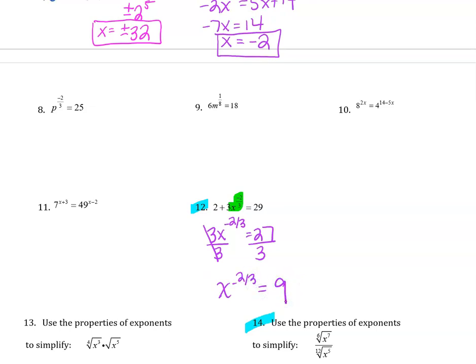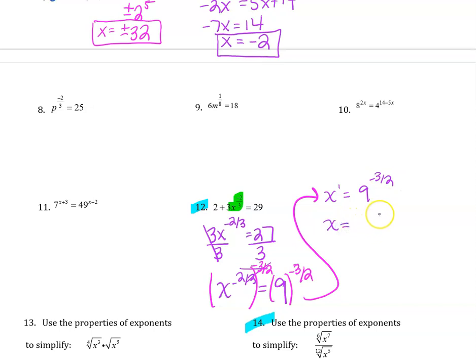Okay, now your objective is to create an x to the first. So I'm going to raise both sides to the negative 3/2. So these undo each other to create x to the first, or just x, equals 9 to the negative 3/2. Now I'm going to practice my power over root rules.